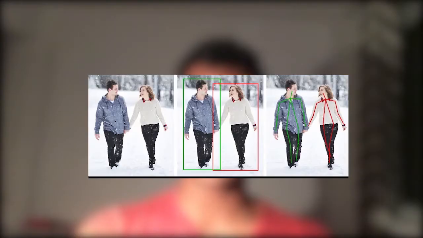The biggest problem is that each of those architectures I just mentioned either do top-down or bottom-up processing. So top-down is essentially when we first localize where the person is in the image, so we find the person in the image, and only then we would assign the key points to a person.